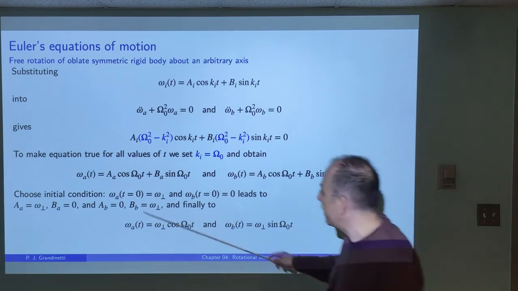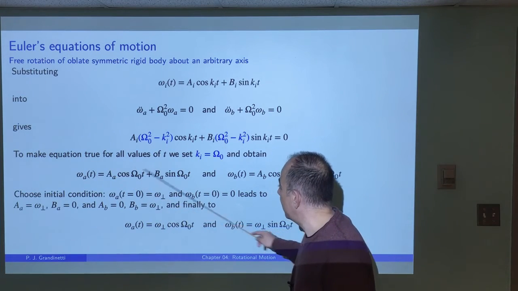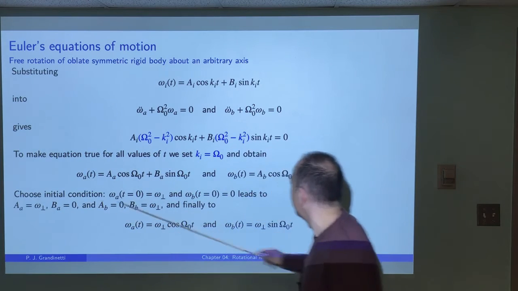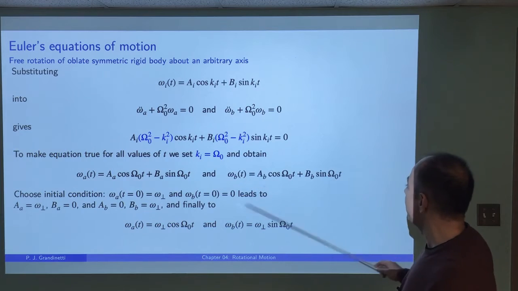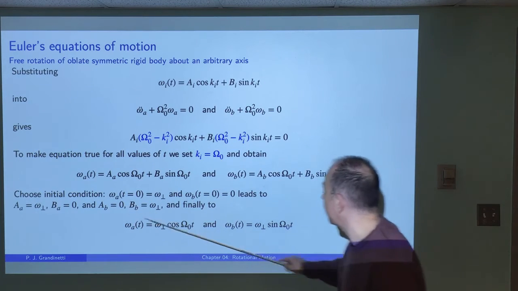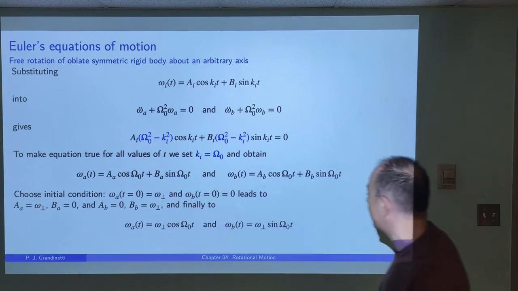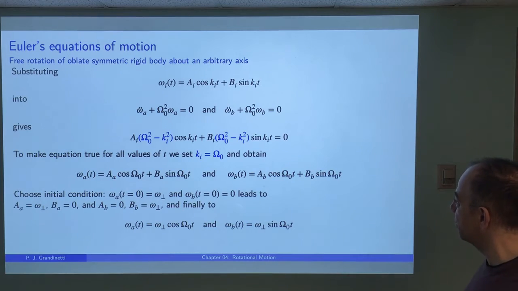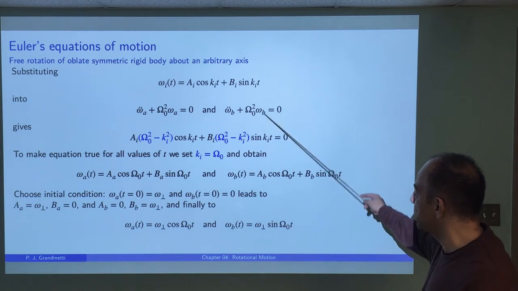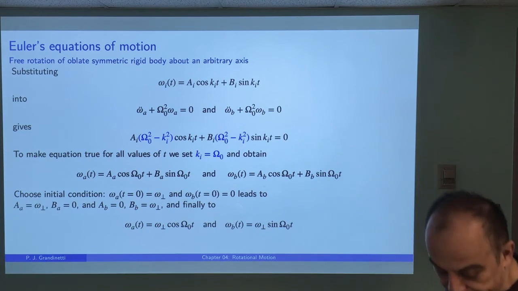So for omega A, a becomes omega perpendicular and b becomes 0. For omega B, initially it's 0, so we set a equal to 0 and b equal to omega perpendicular. Then we get this result for the two components of the angular velocity vector. So we've solved the two equations and got these two solutions.